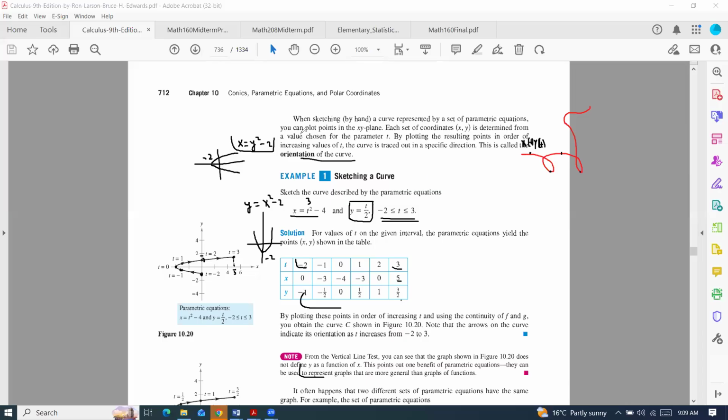So again, the idea is to utilize a parameter in order to show people what is going on, but the key point is to be able to write each coordinate x and y as a separate function with respect to a new variable.